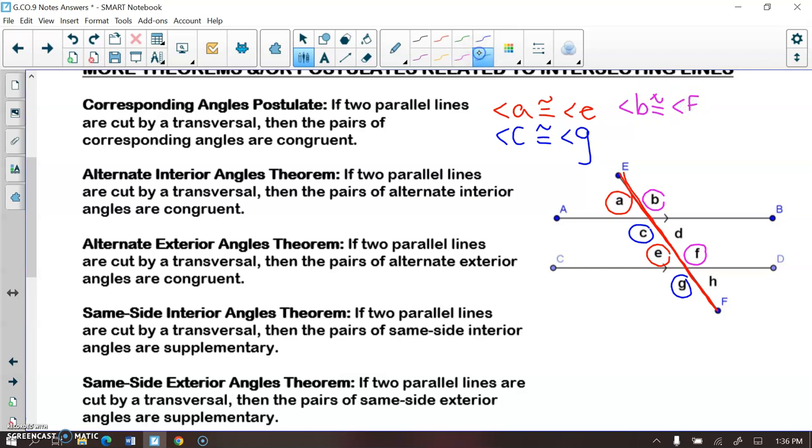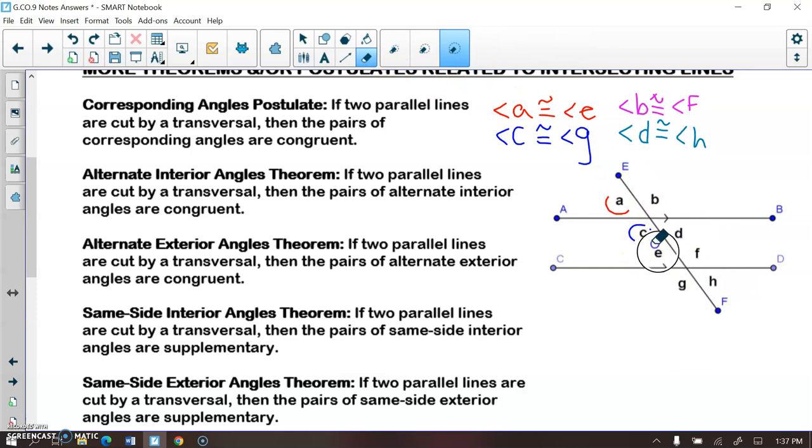And if I look below both of my parallel lines on the right side of my transversal, angle D and H are a pair of corresponding angles, and those would be congruent. Corresponding angles are only congruent when we're dealing with parallel lines. So if these two sets of lines were not parallel, then they would not be congruent angles.